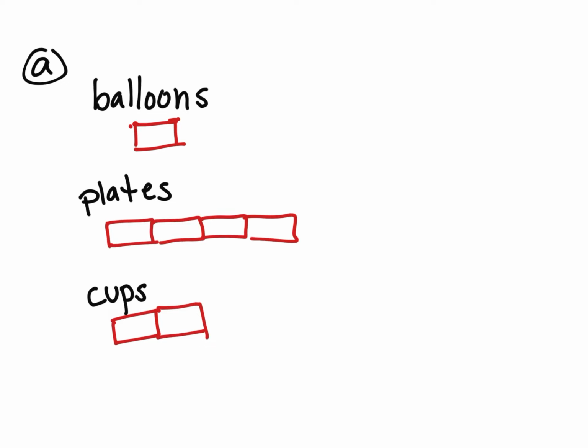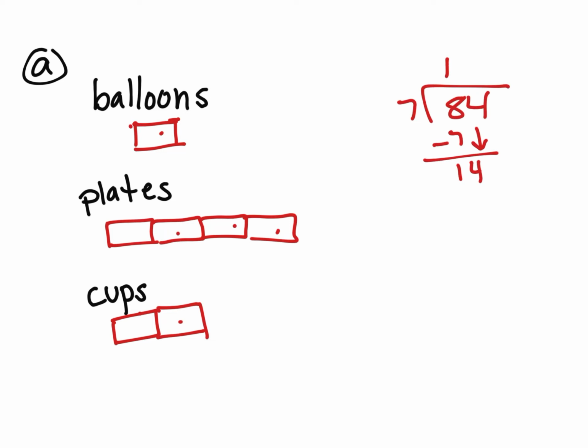It says in part A that if Serena's mom bought 84 items, how many of each did she buy? So we're going to split 84 into 1, 2, 3, 4, 5, 6, 7 boxes. 7 fits into 8 one time and leaves you with 1 extra.